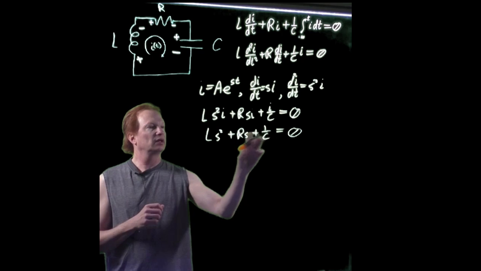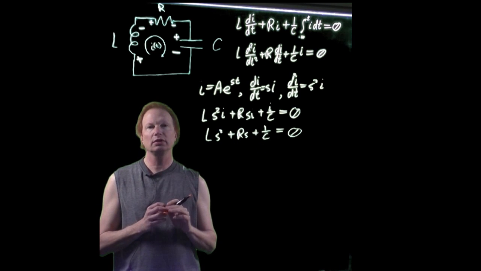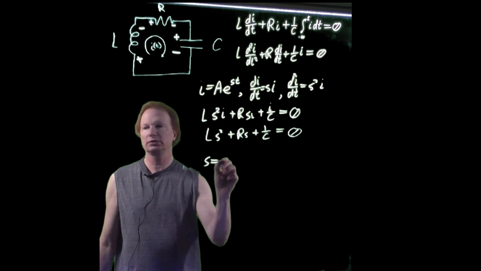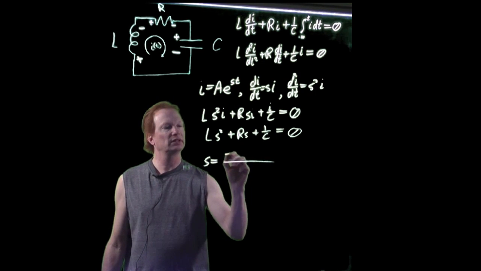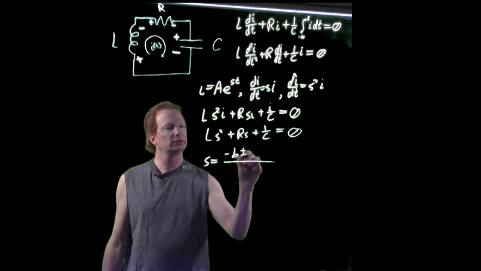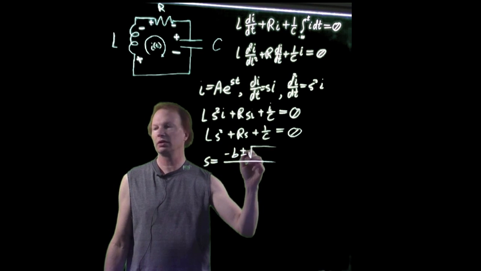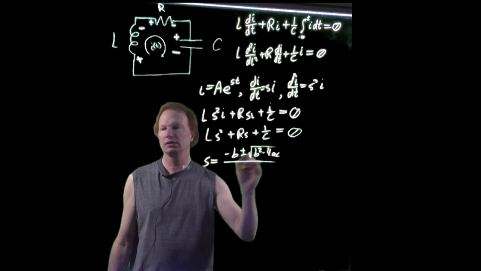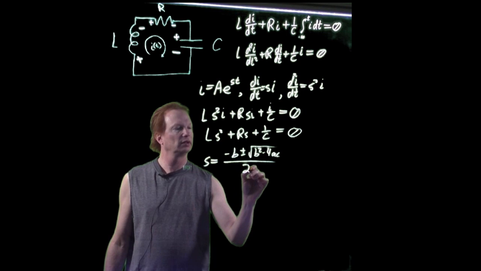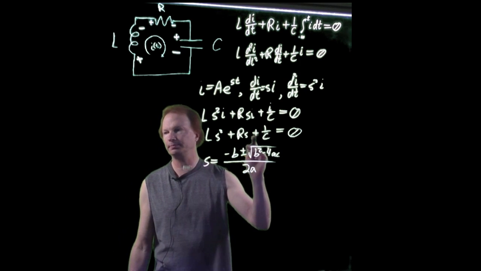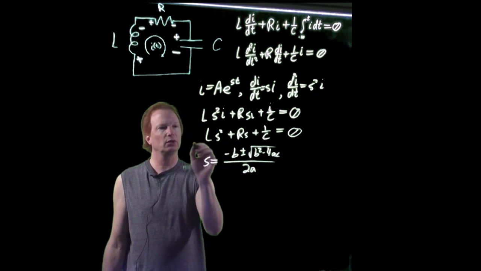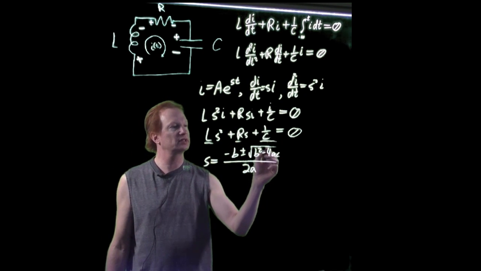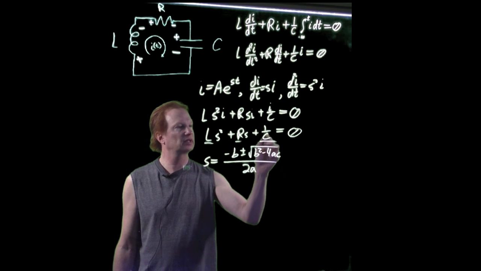You may recognize that as a quadratic equation, and it has roots of s equals minus b plus or minus the square root of b squared minus 4ac, over 2a. In this case, a is going to equal L, b is going to equal R, and c is going to be 1 over C. This is a little c, and this is a capital C.